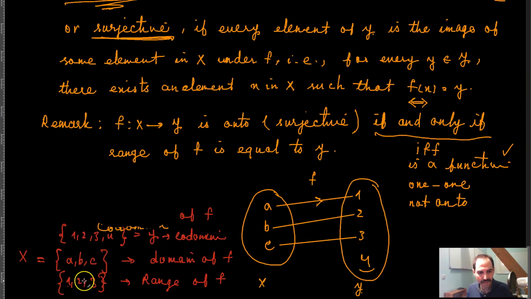In this case, for example, the range is only 1, 2, 3 and doesn't include 4, so the range of f is not equal to y. The range of f is 1, 2, and 3, and y is actually this set over here which contains 1, 2, 3, and 4. So 4 is missing here.